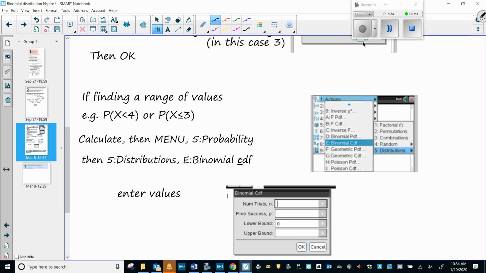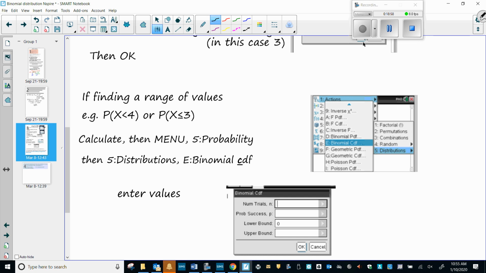If I wanted less than 4, that means it's less than or equal to 3, so my value would be 3. If it says less than or equal to anything, that's obviously the value we're looking at. Does that make sense?